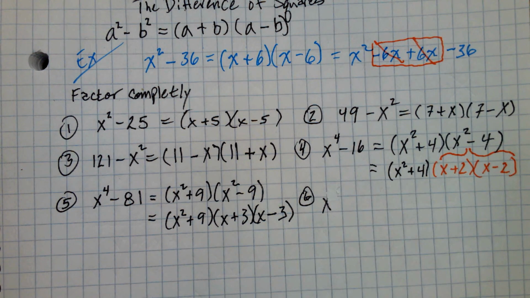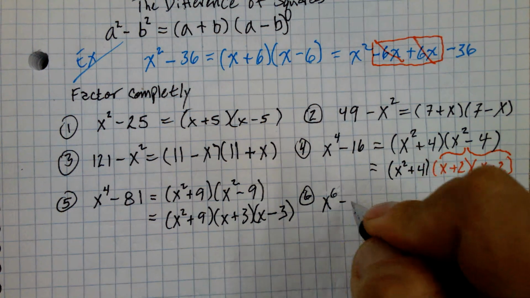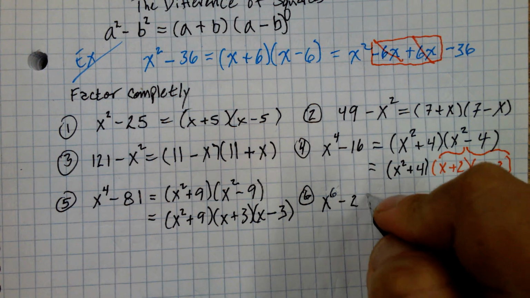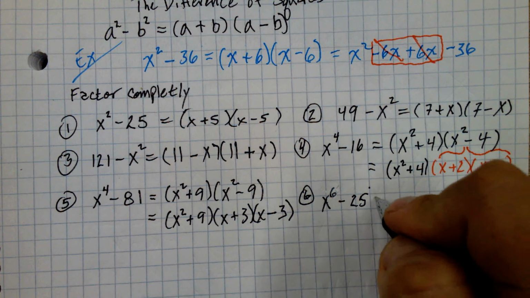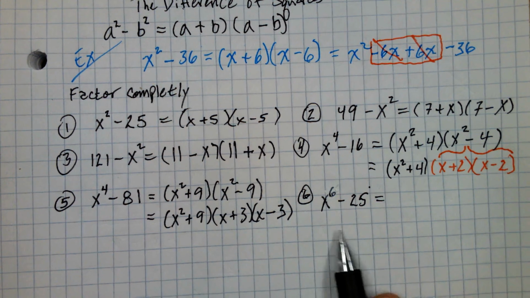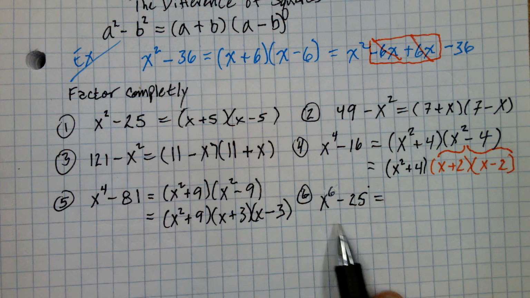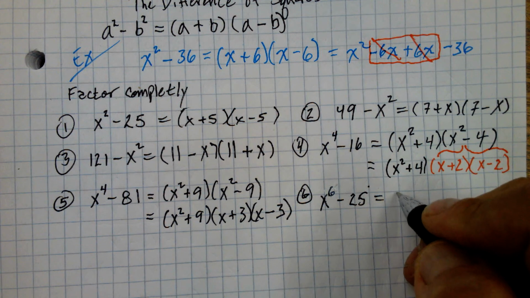Okay, let's start over. Let's do x to the sixth minus 25. This is still a difference of squares because something times itself equals x to the sixth, x to the 3.